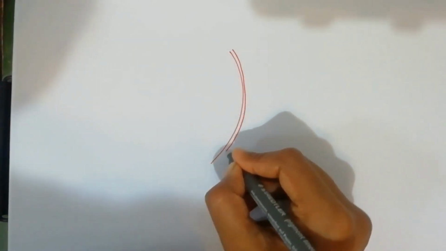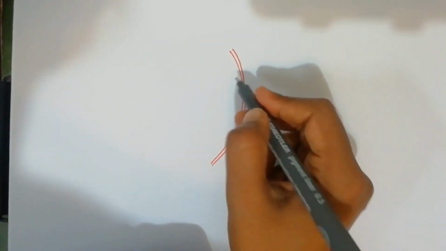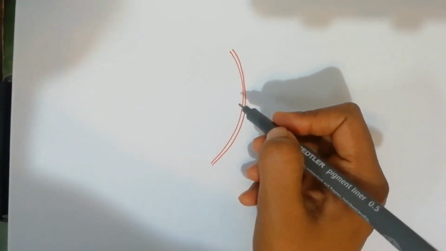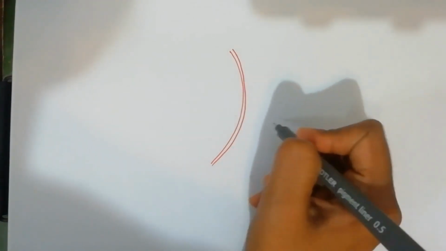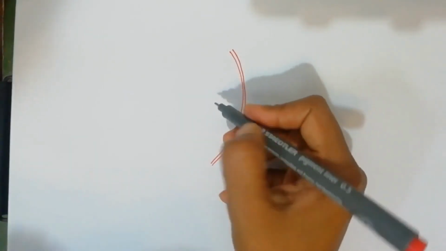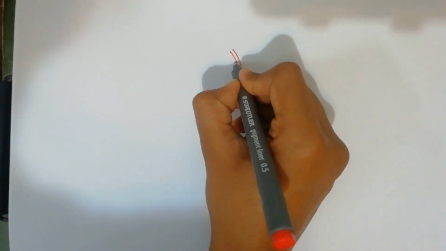As you already know, we have concavity towards the right side, convexity towards the left side. From the concavity, we have 4 important branches arising. We already dealt with the left side branches. The right side branches we are going to concentrate on. On the right side, the first branch arising is the inferior pancreatico-duodenal artery.